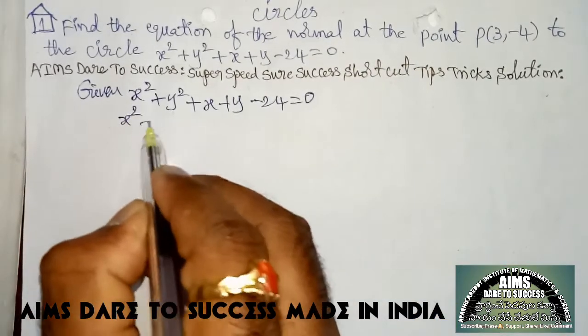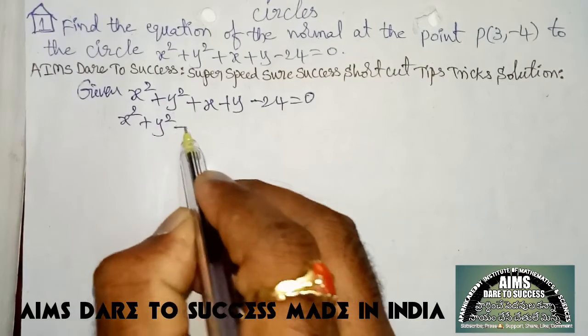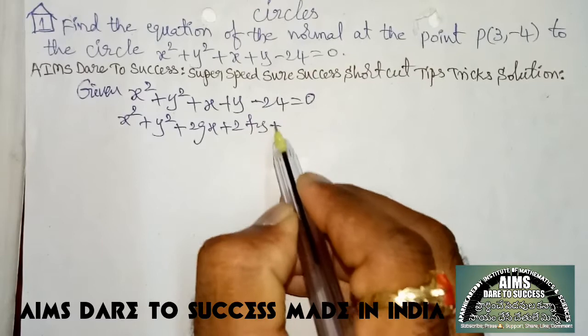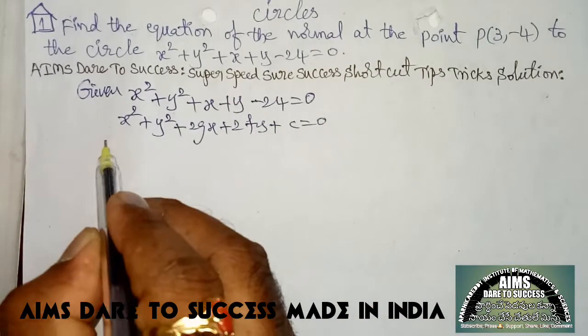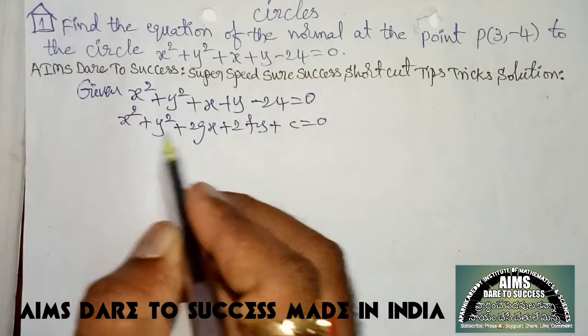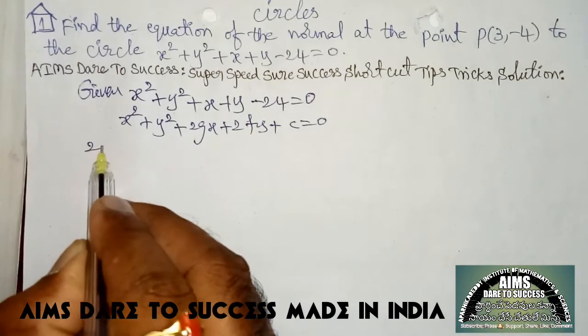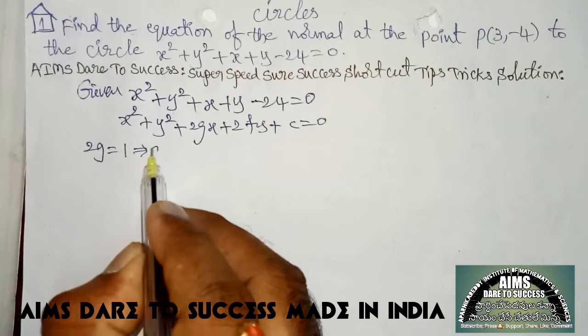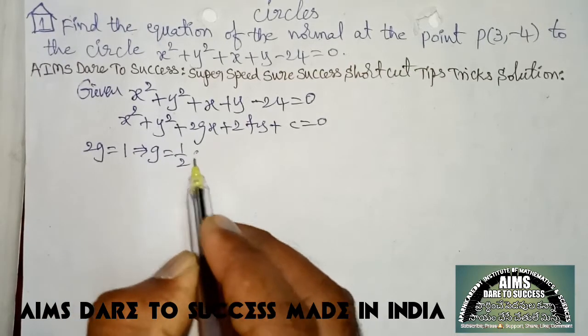Now I am comparing with the standard equation of the circle x square plus y square plus 2gx plus 2fy plus c is equal to 0. x square is equal to x square, y square is equal to y square. Comparing the x coefficient, 2g is equal to 1, so g is equal to 1 by 2.